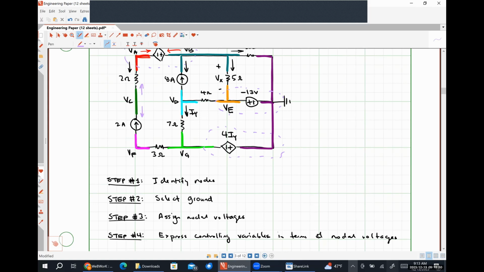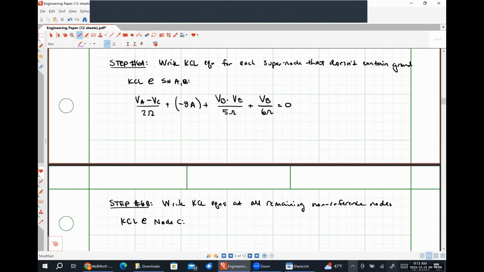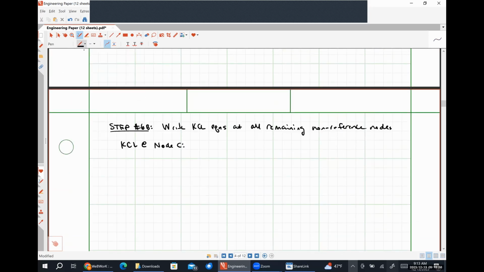Negative 2. So VC minus VA over 2 plus negative 2. That was a brain fart on my part. Sorry about that. Now I believe I said we needed to do one at node D.